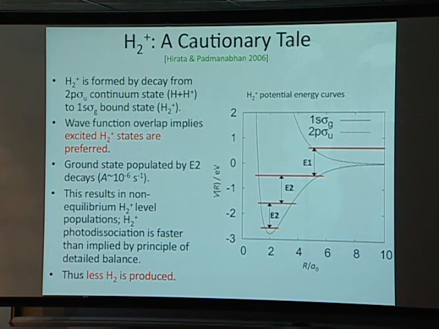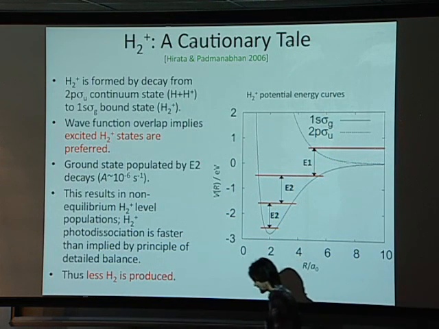Now, when an H and an H+ approach each other, they approach in some superposition of these states. Only the U state can decay to a G state by dipole selection rules. The wave function of the incoming unbound molecule is restricted to large radii, while the wave function of the bound molecule is restricted to small radii.